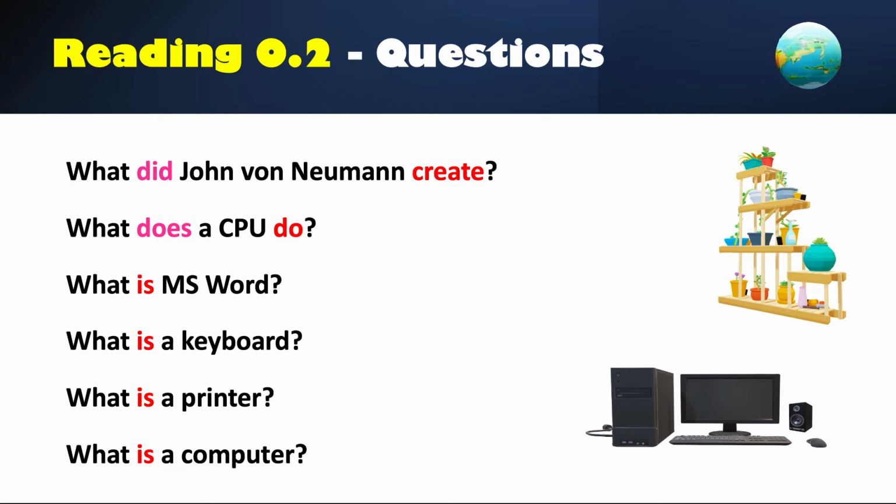What is a keyboard? A keyboard is an input device for data entry. Very good. What is a printer? A printer outputs the document onto paper or other forms.